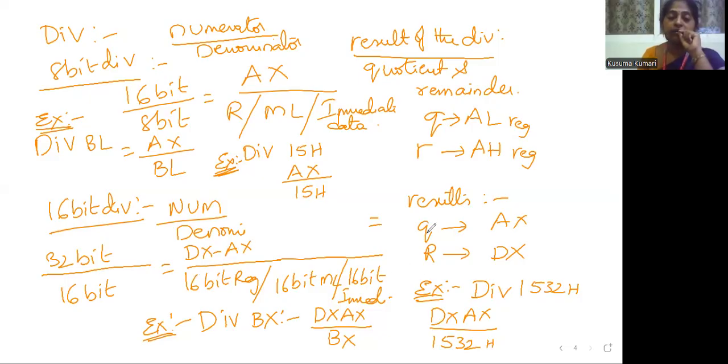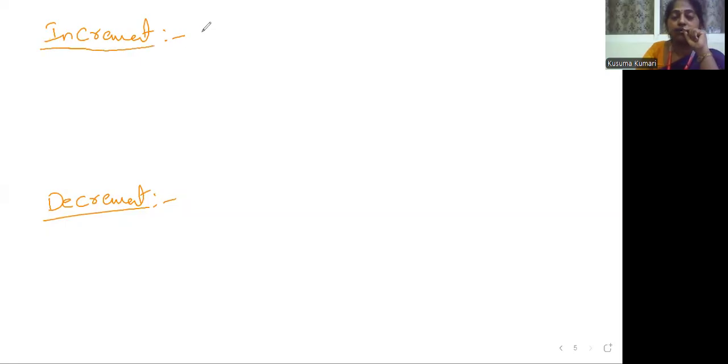The remainders and quotients are available in the same positions. Okay. Next, increment and decrement. This is used for increments.